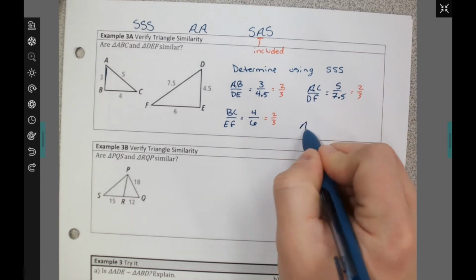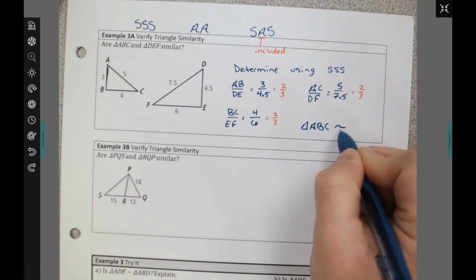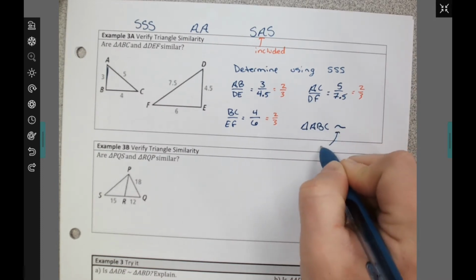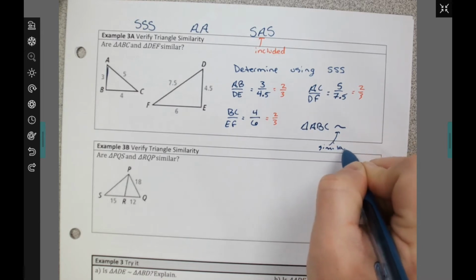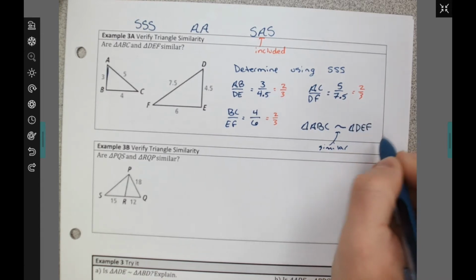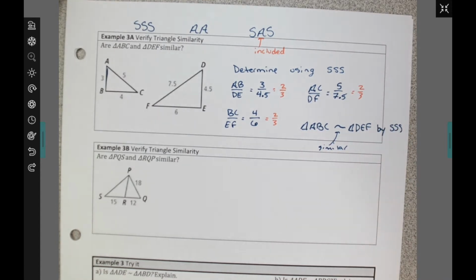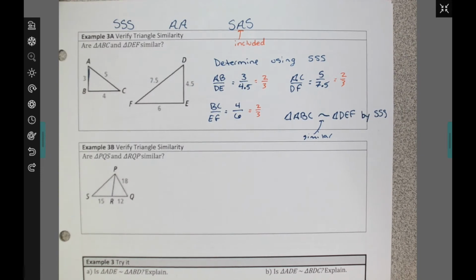It would be triangle ABC is similar, and we have this little wavy line meaning that they are similar, to triangle DEF, and they're similar by side, side, side, because all three of the sides are proportional. All right, so that's 3A.